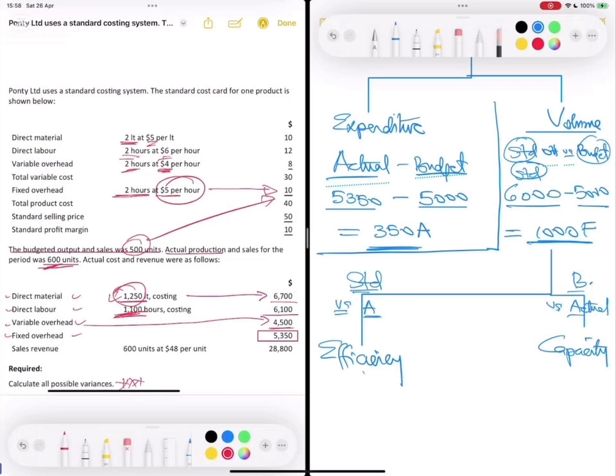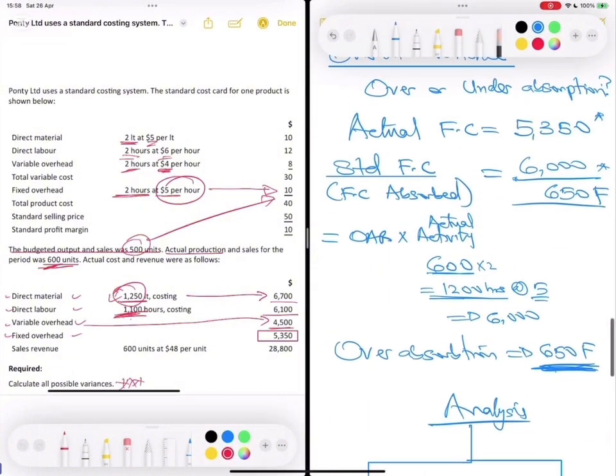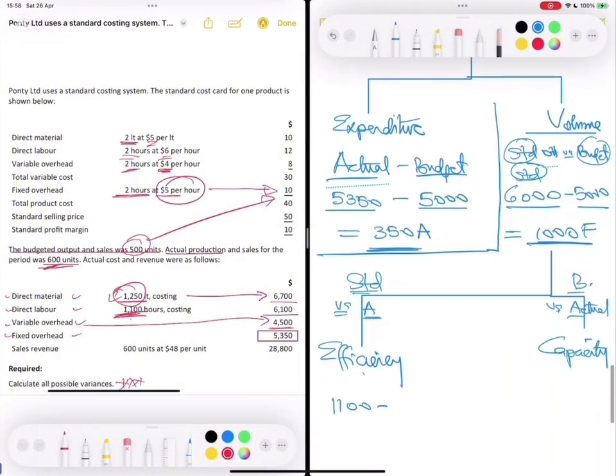The actual hours we have as 1,100. The standard hours, we got that to be 1,200 here, remember? And we always say valuation is at standard rate. So what is the standard fixed overhead rate? That's $5. That's the standard rate.